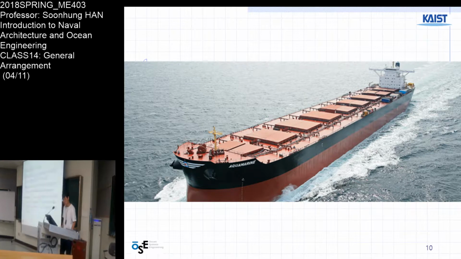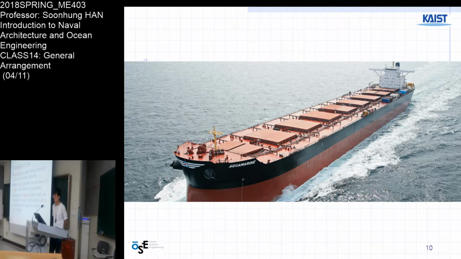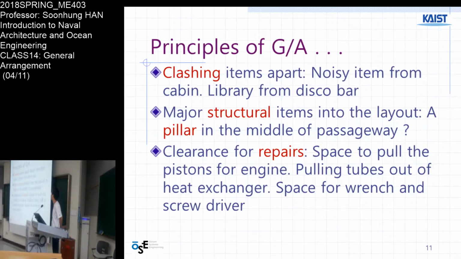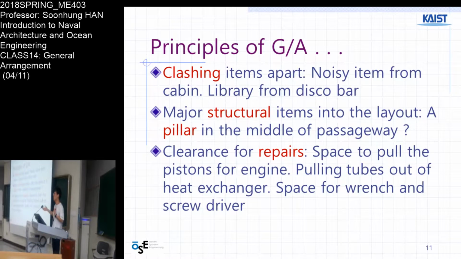Next principle is keeping clashing items apart. As I mentioned from the first slide, we have to keep accommodation away from noisy parts such as the engine room for a comfortable ship life.